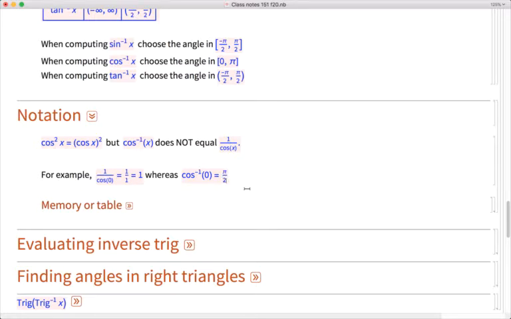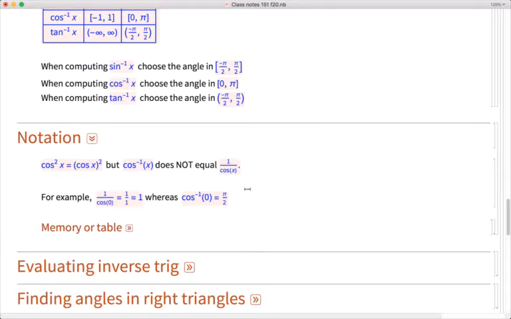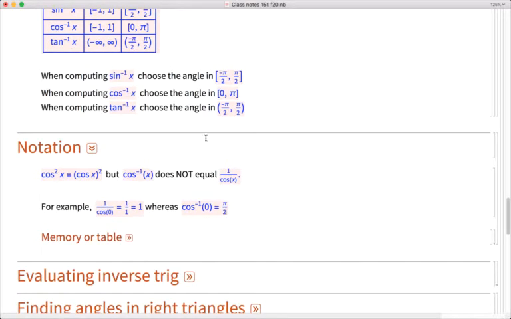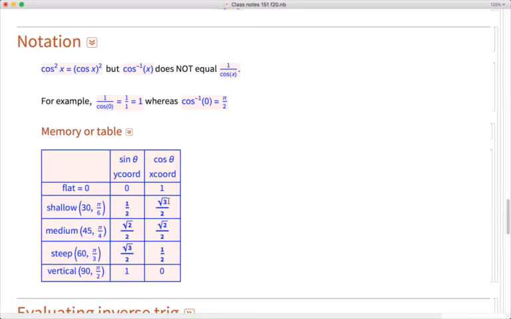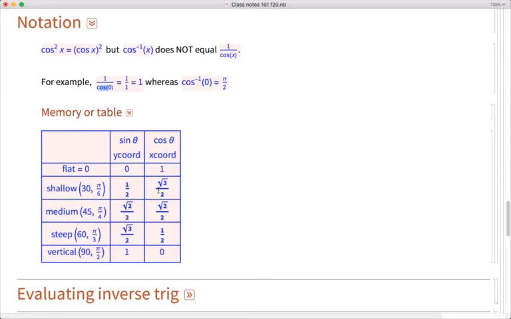And there are other angles whose cosine is 0, but that's the one that we choose because it's in the interval from 0 to pi. Okay, so again, to compute these things, you either do what I do, talking about steep and trying to do it by memory, or you look them up. For an angle whose cosine is 0, you go to the cosine, you find 0, and then you read off the angle.